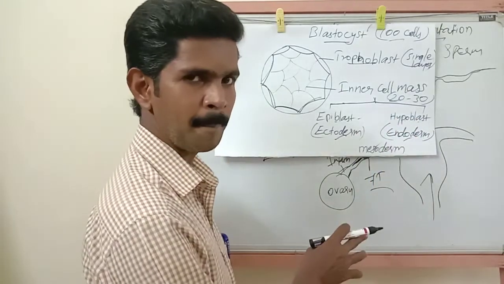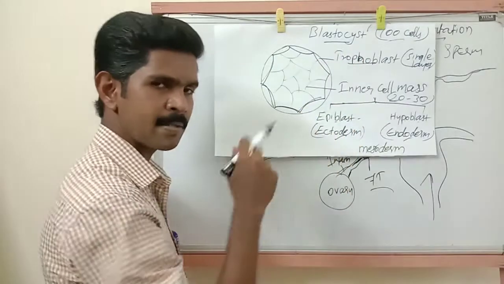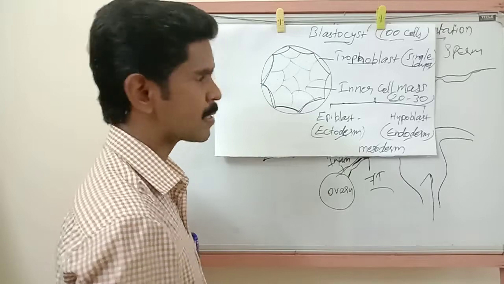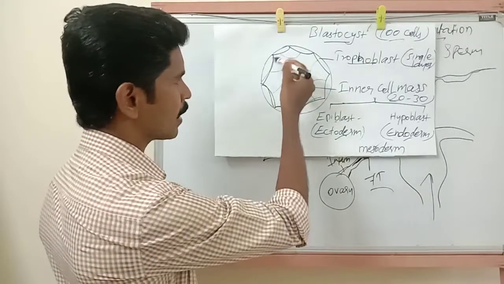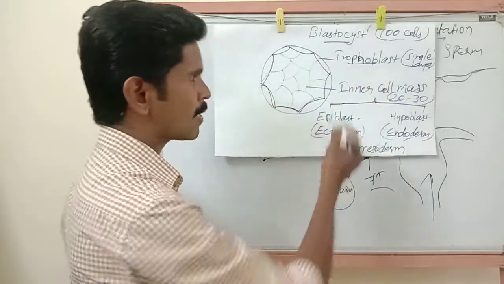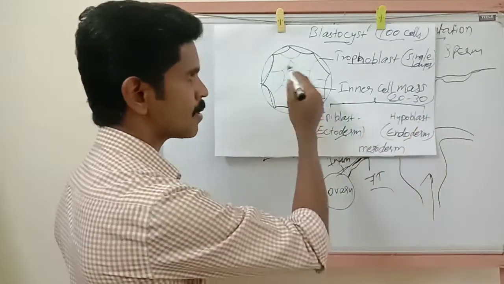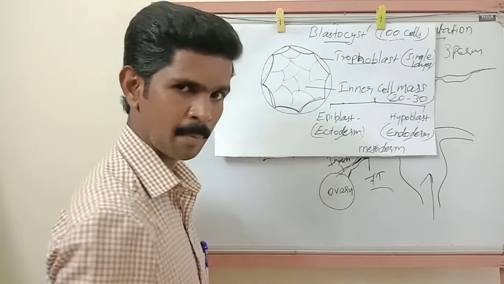Listen very carefully. The blastocyst consists of more than 100 cells and two types of cells are present in it. The outer layer is called trophoblast, a single layer of cells. And on the inner side 20 to 30 small cells are there, called the inner cell mass.